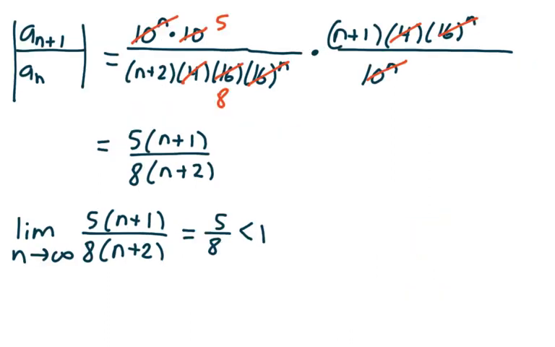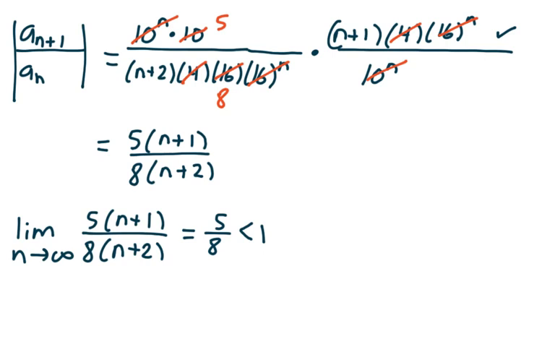Now, when I look at the ratio, and again, let's back up here. I'm looking at the ratio of a sub n plus 1 over a sub n in absolute values. And I get 5 times n plus 1 divided by 8 times n plus 2. And I did all the calculation up here. Now, when I let n go to infinity, again, this is a limit.